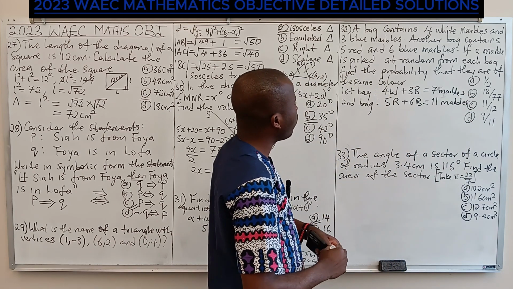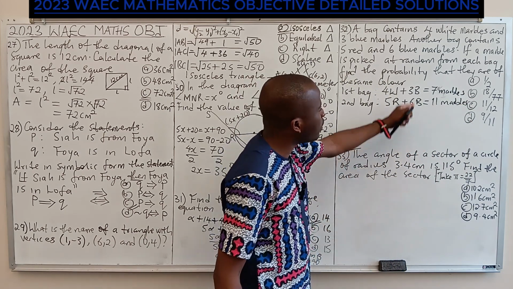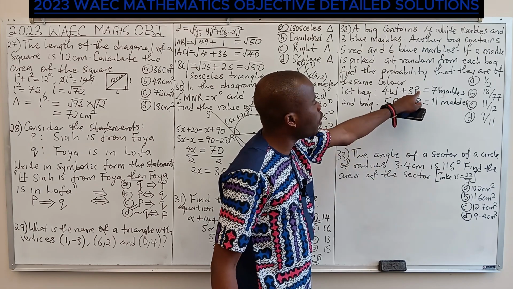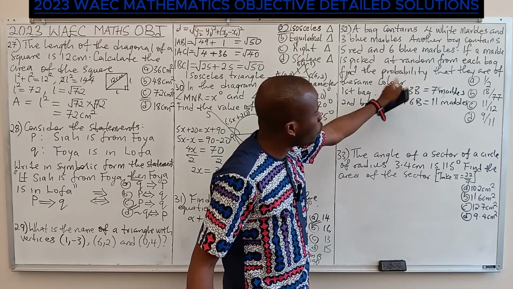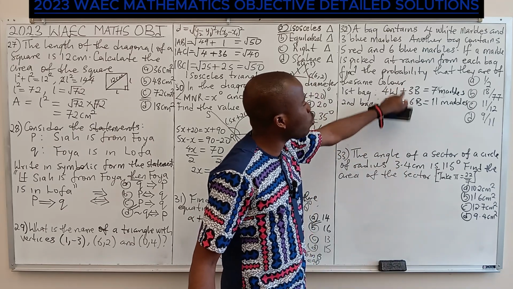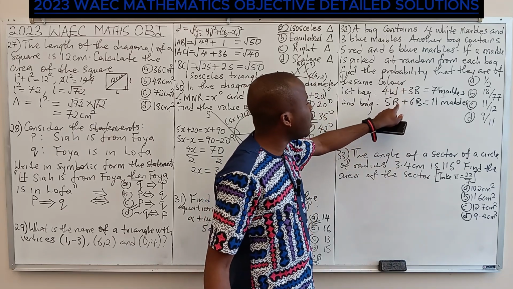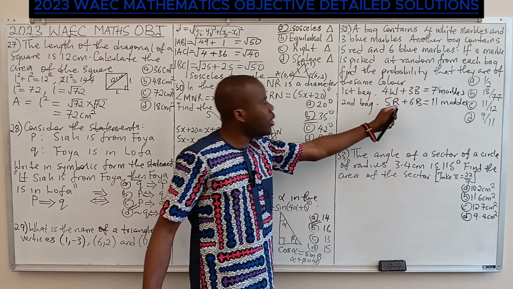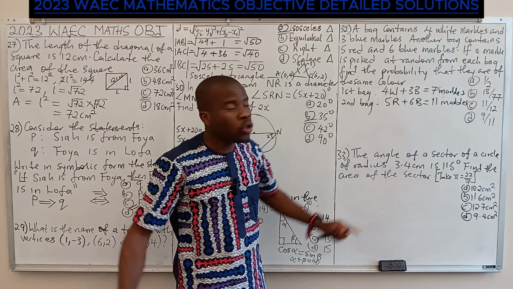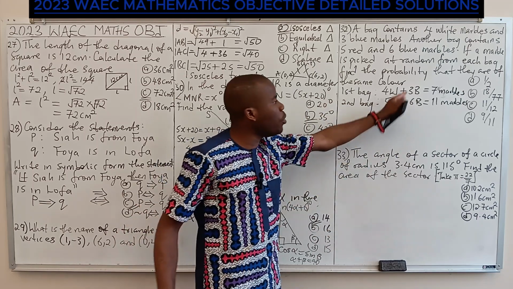For us to have the probability of the same color, it means we have to pick blue and blue. There's no other option. We cannot pick white and white because white is not in both bags. We cannot pick red and red, meaning the probability of picking white and white is 0, and the probability of picking red and red is 0. So the only chance we have is to pick blue and blue.